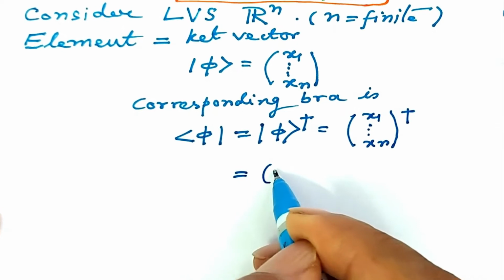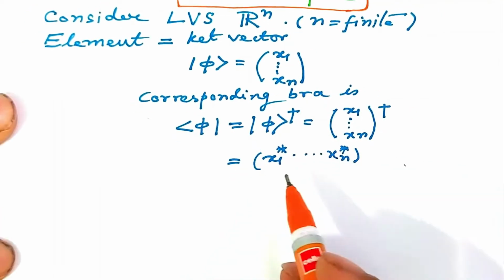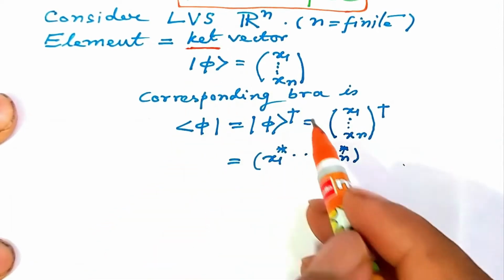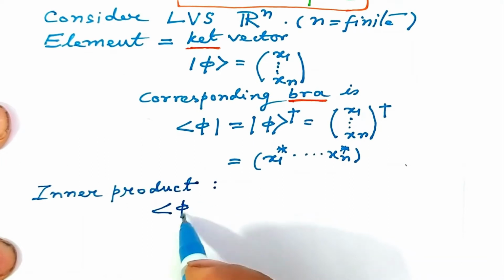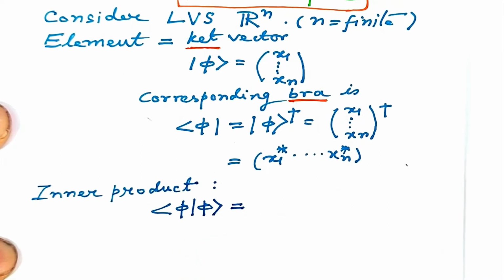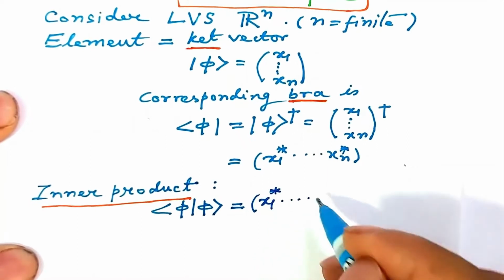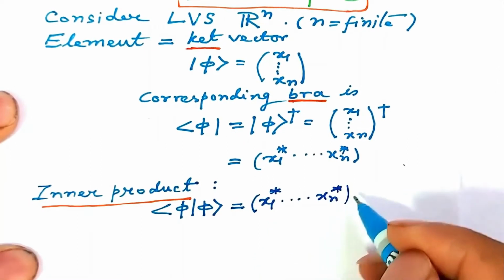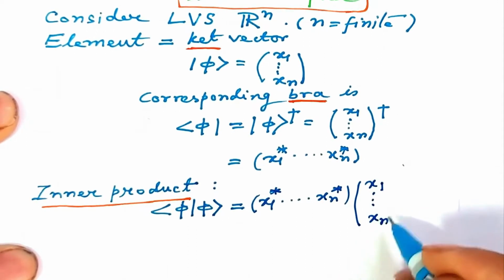So it is a row matrix x1 star up to xn star. With the help of the ket and the bra, we can form the inner product defined through the relation bra phi ket phi equal to row matrix x1 star up to xn star multiplied with the column matrix x1 up to xn.